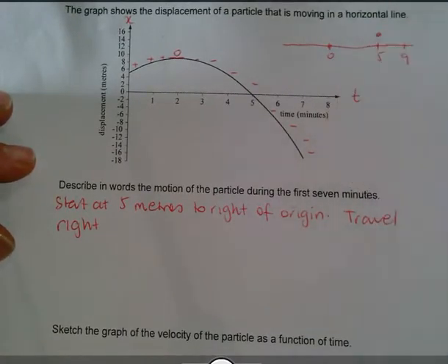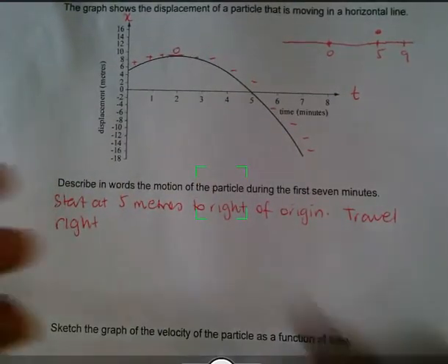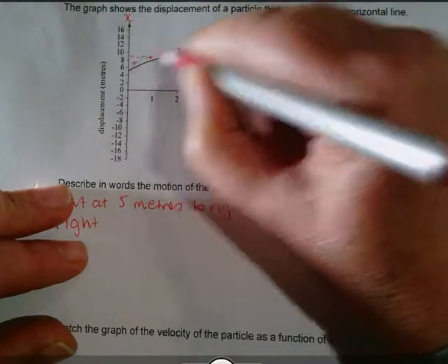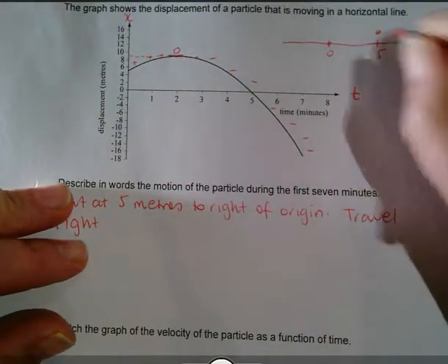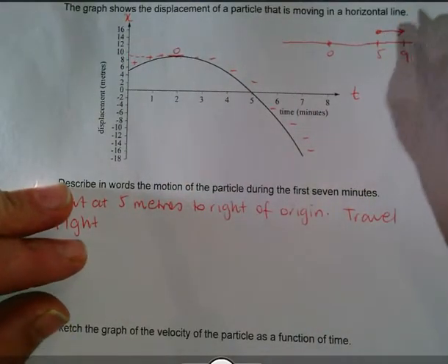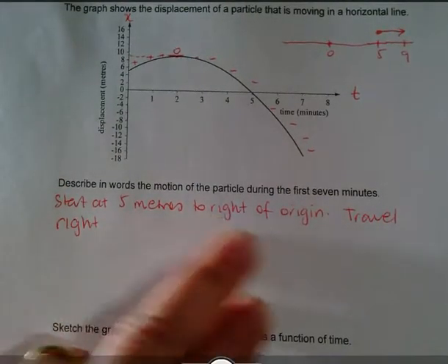So I start at x is 5. And then I take 2 seconds. After 2 seconds, I'm at, pretty sure that's 9. So I then go to x is 9. So I start at 5 meters to the right of the origin.